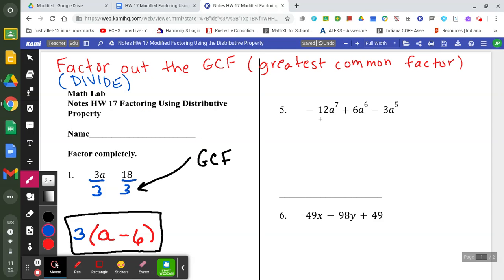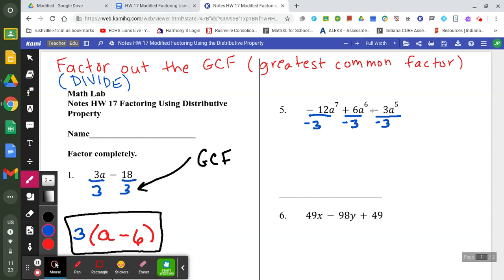Again, number 5 has 3 terms. And because this leading term is a negative, my greatest common factor needs to be a negative. So negative 3 will go into 12. Negative 3 goes into 6, and negative 3 goes into 3.